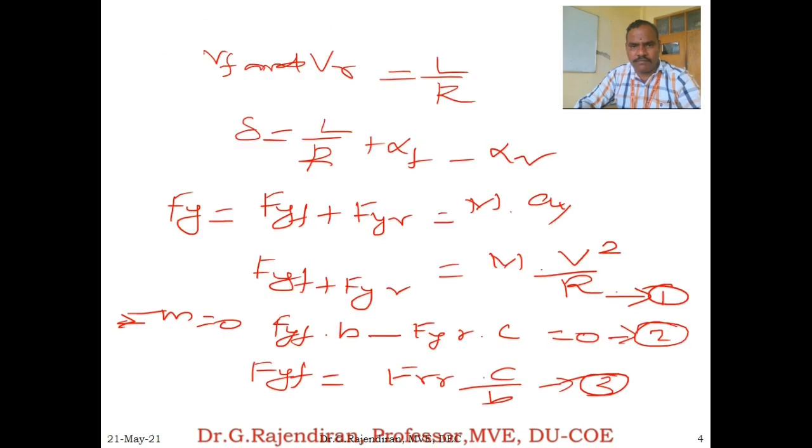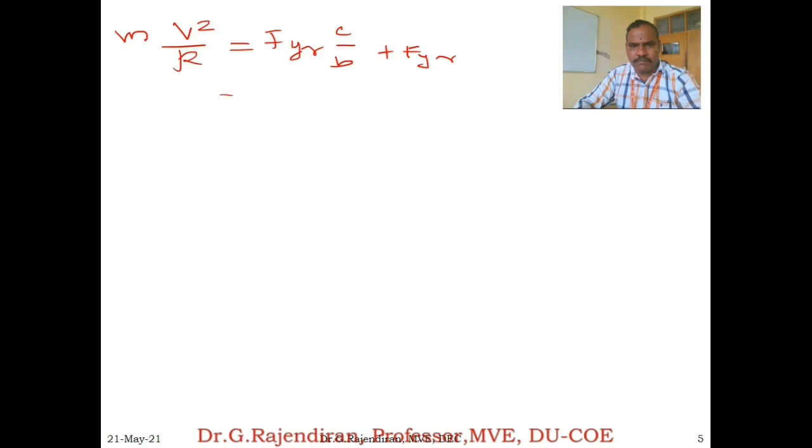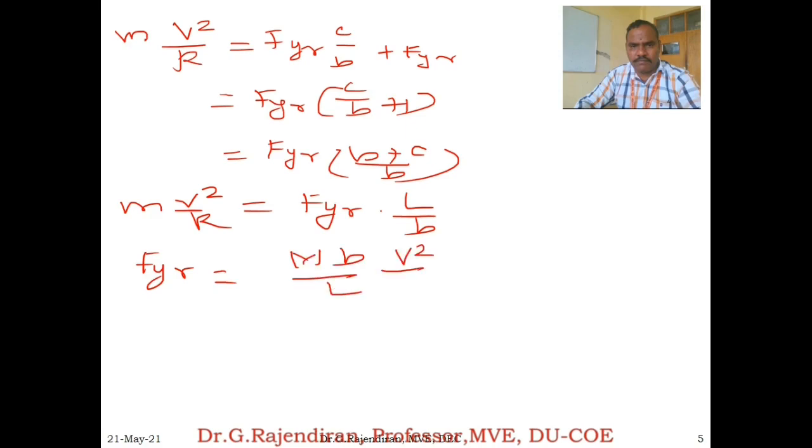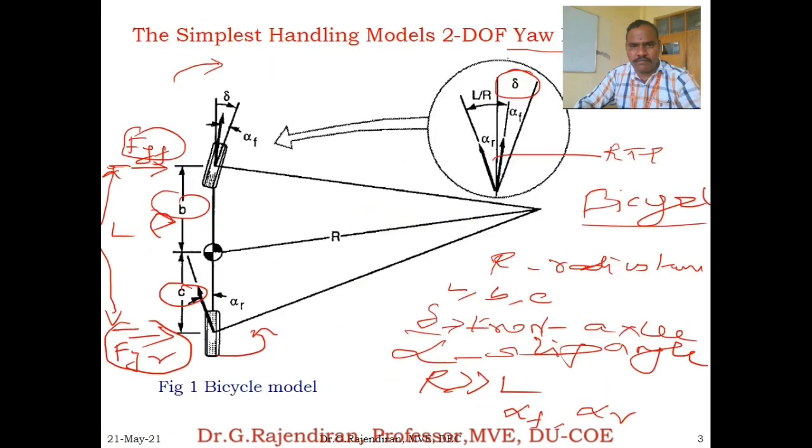Now m V square by R is equal to Fyr into (C by B plus 1), that is Fyr into (B plus C) by B. So m V square by R is equal to Fyr into L by B, so that Fyr is equal to m into B by L into V square by R. So we know, when dealing with chapter 1 and chapter 3, that this m B by L is equal to what? You can see it from here. m into B by L.